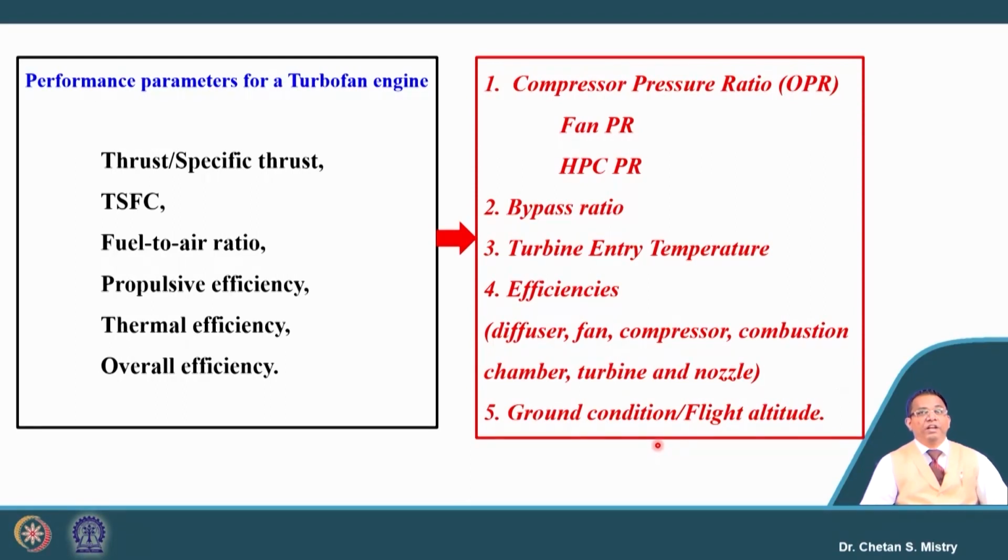Here we have the effect of overall pressure ratio, in the sense that we can vary the fan pressure ratio, and we can vary the compressor pressure ratio or HPC pressure ratio. We can check the bypass ratio in order to optimize it. We can study the variation of turbine entry temperature and different component efficiencies on the performance. At this moment we are discussing the ground condition. So, let us look at the effects of these parameters.